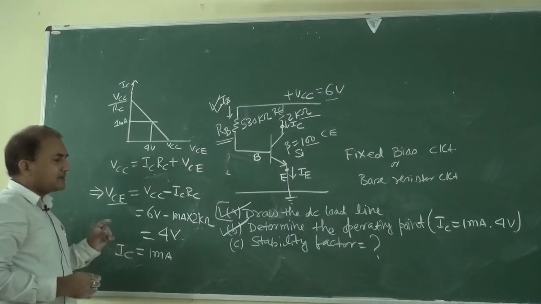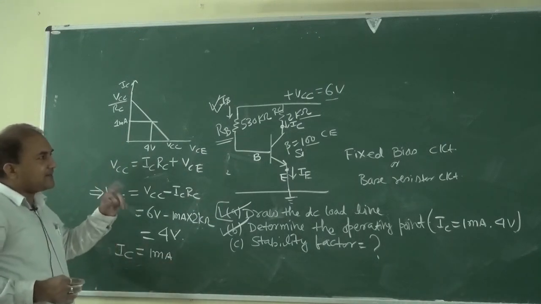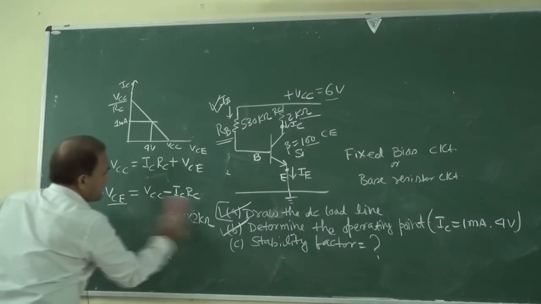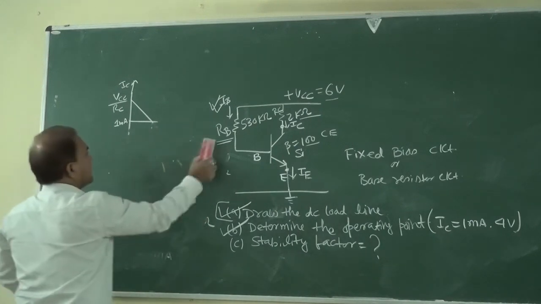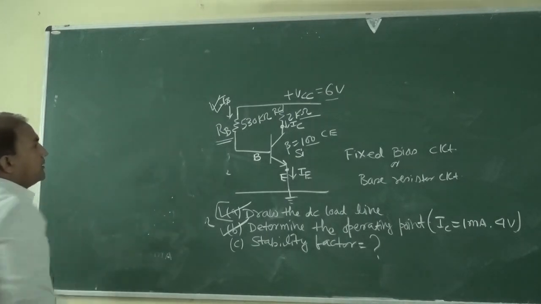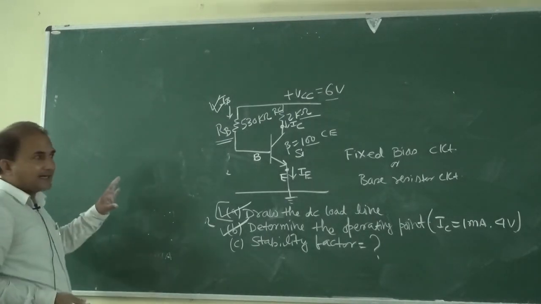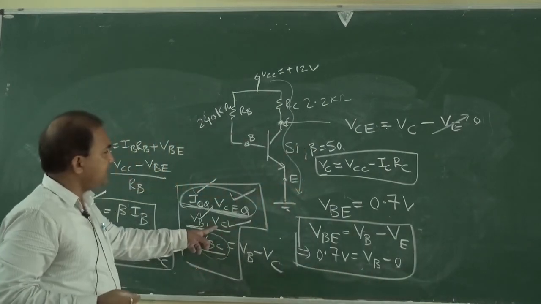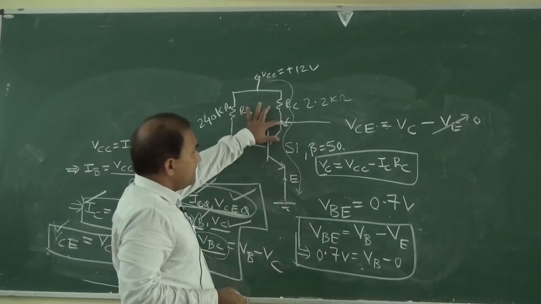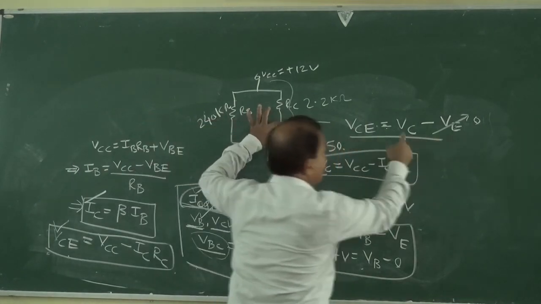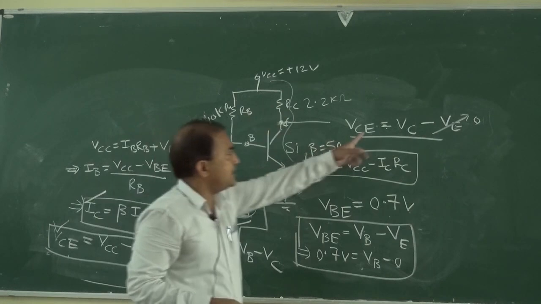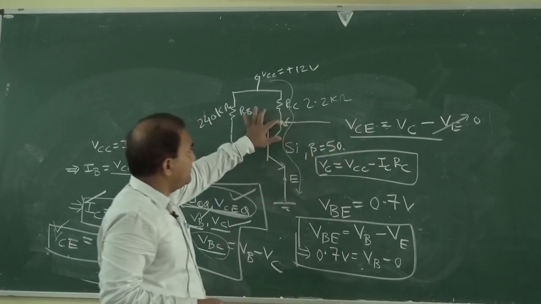Then third is what is the stability factor. Now this is the fixed bias circuit or base resistor circuit equation. How can we determine VC? VCE is equal to VC minus VE.